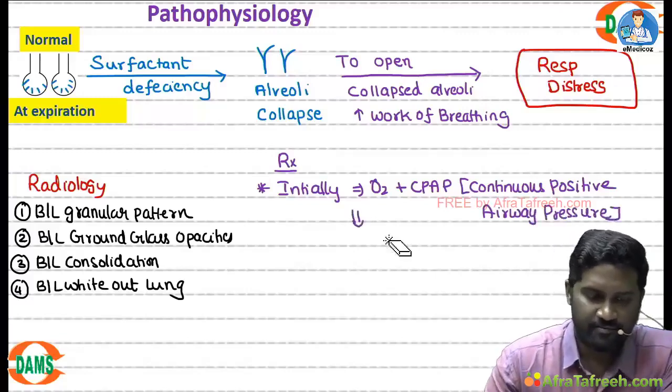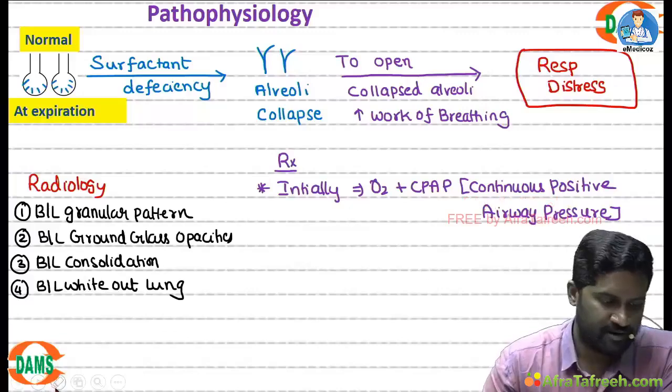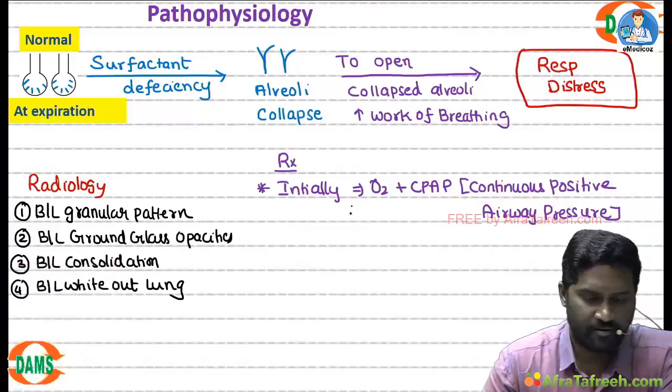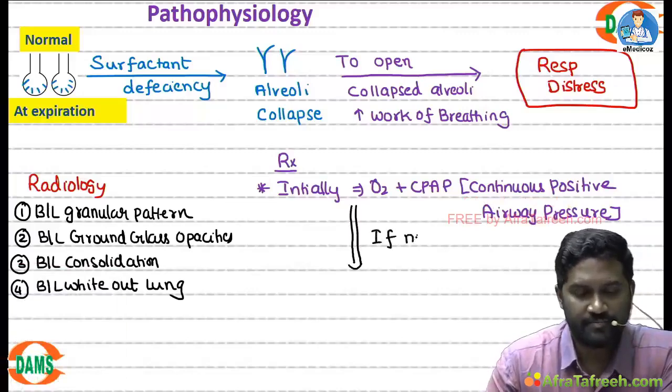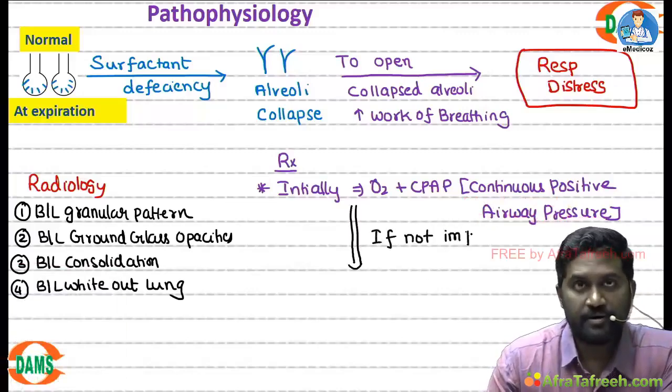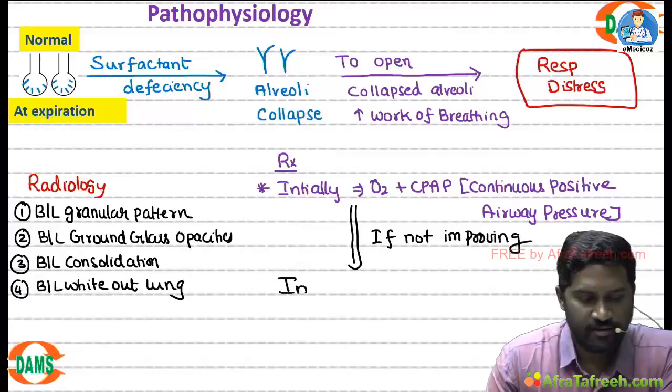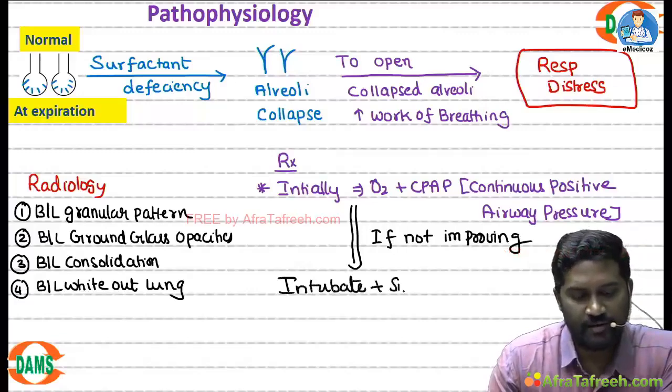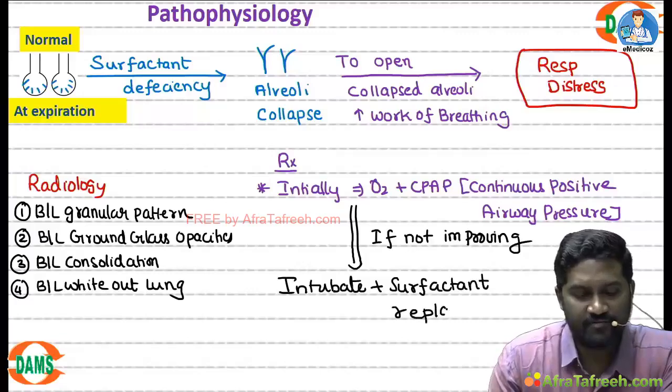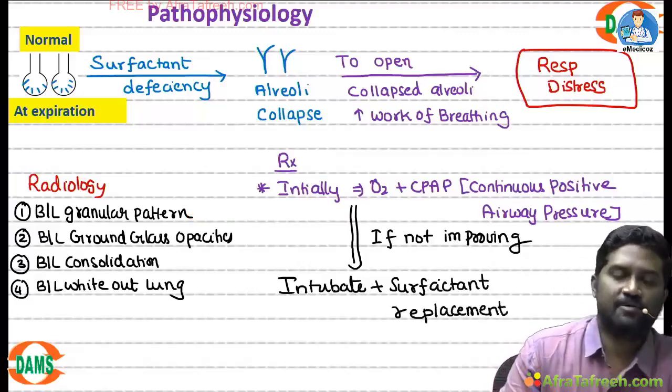If not improving, so you have started oxygen and CPAP, the next step will be intubating the baby. And what is the problem here? Surfactant deficiency. So you might require surfactant replacement. How it is done will be discussed in detail in pediatrics.